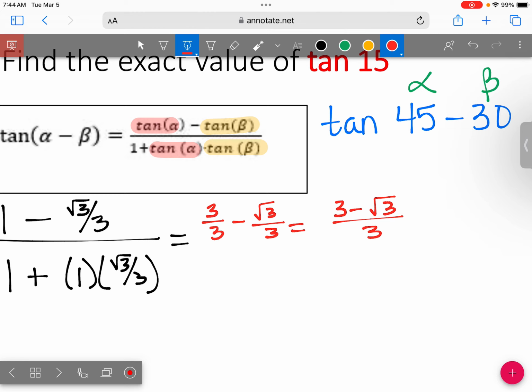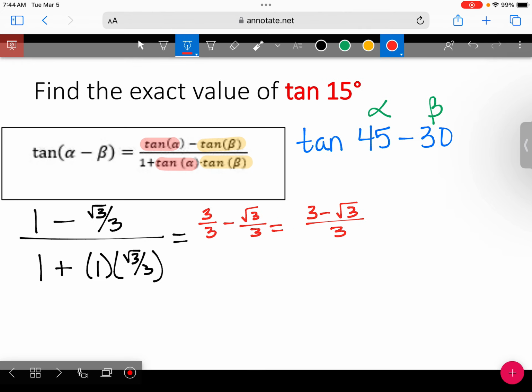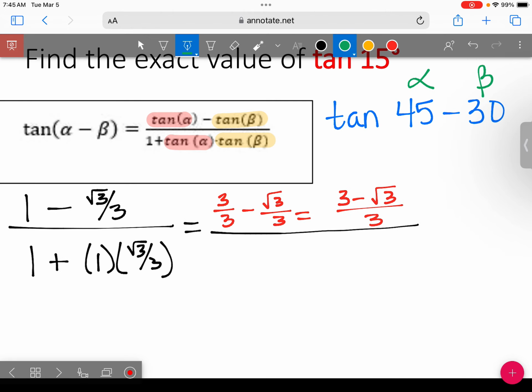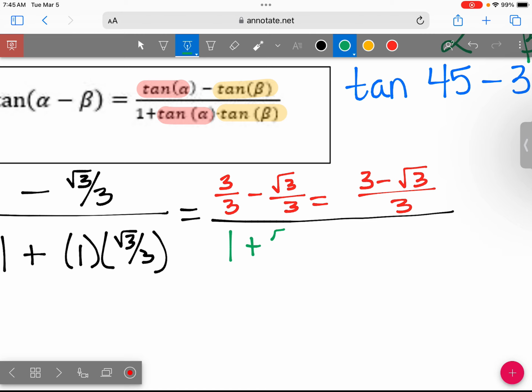Let's look at our denominator. I have this, which is going to multiply to give me positive root 3 over 3. So I have 1 plus root 3 over 3.